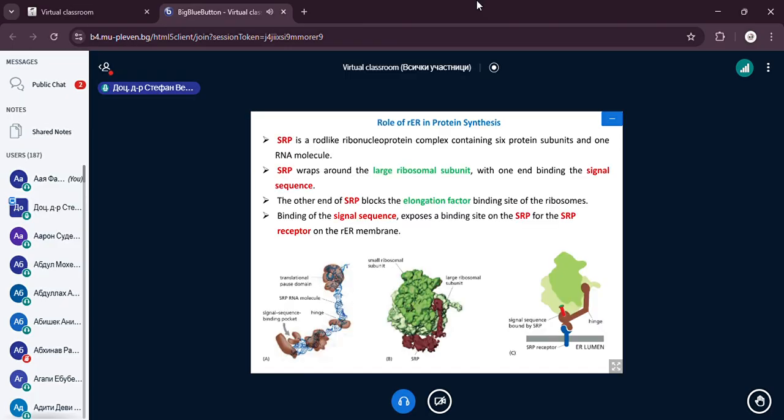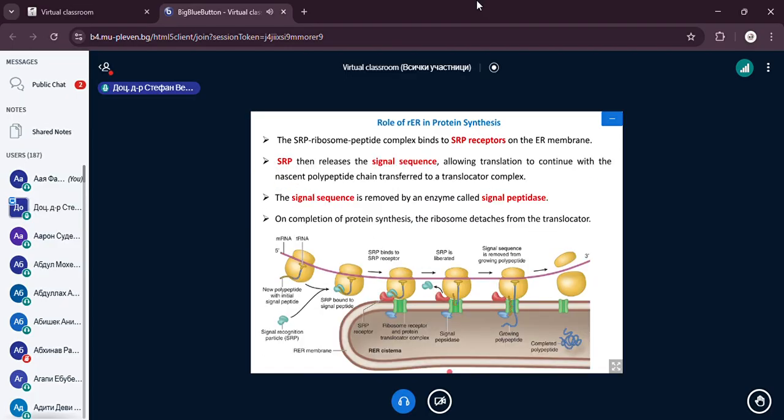And the whole ribosome is sent to the surface of the endoplasmic reticulum, and with this interaction between the ribosome, signal recognition particle receptor, and another larger receptor complex called the translocator complex, the ribosome becomes fixed on the surface of the endoplasmic reticulum.